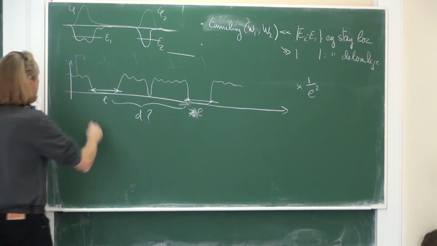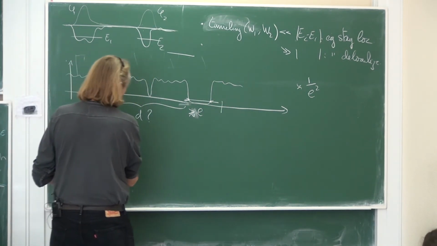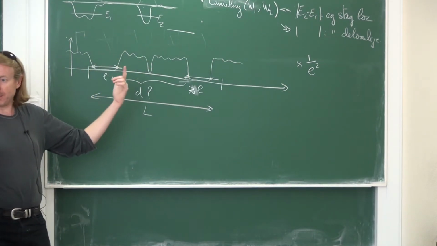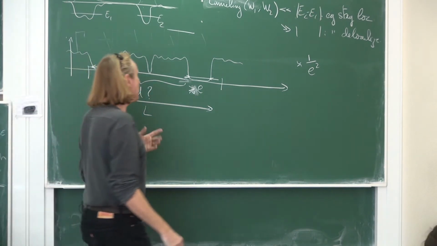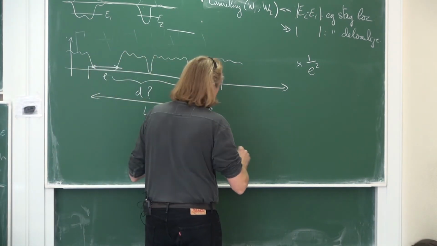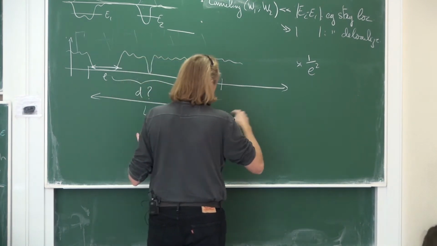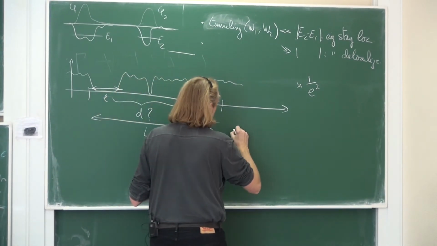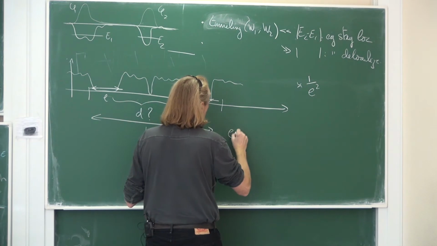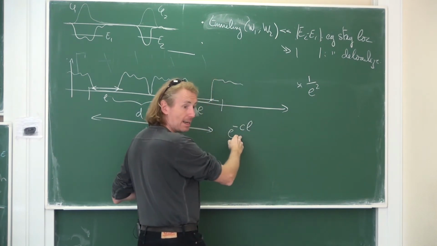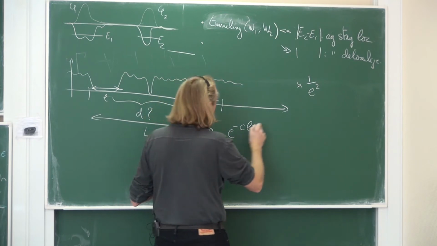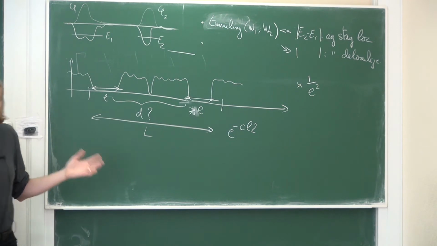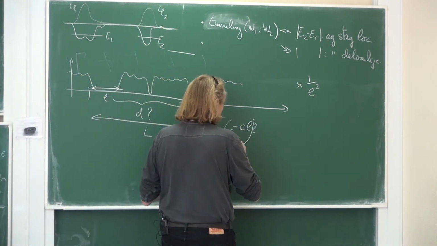Well, if you call this distance L, you need to have two separate such blocks. Each of them has roughly a probability of occurring which is e to the minus l, and you have two independent such blocks in there. So it gives you a probability of occurring of roughly this size.